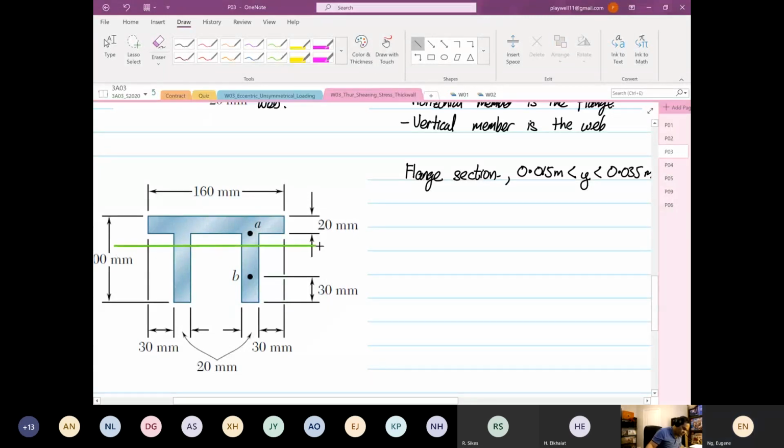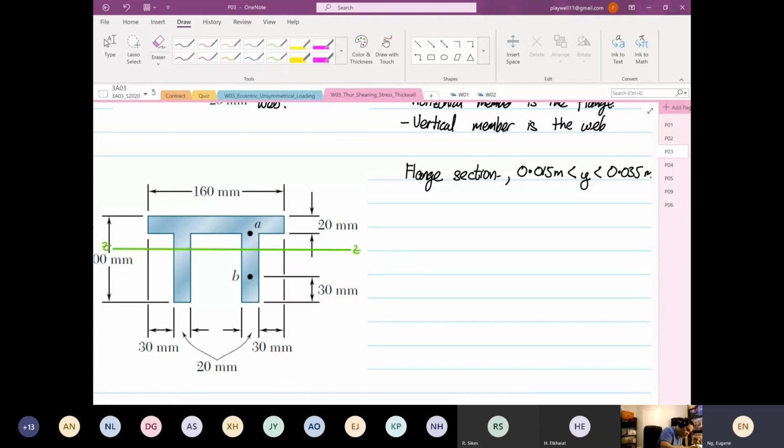So we apply the rule that the analysis is at the datum, which is at the centroid on the z-axis.